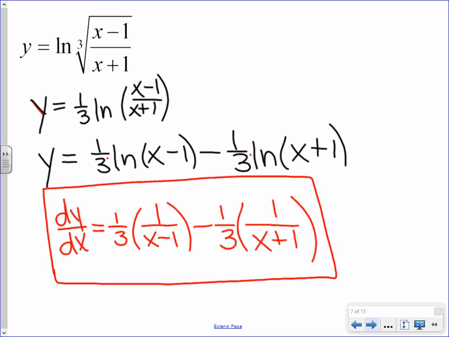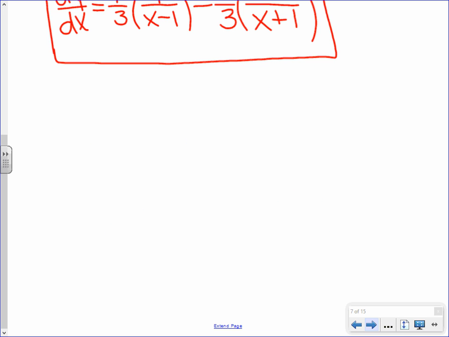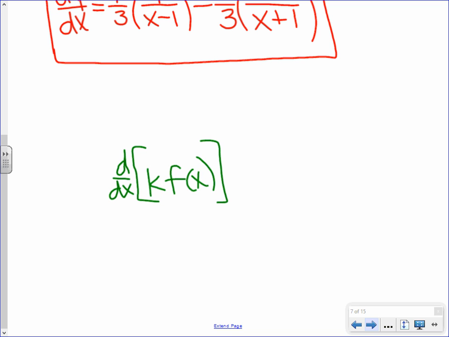Do you remember the constant rule that I told you about? If you have a constant times your function, you can take the derivative of your function and then multiply it by k. You can do the product rule, you're going to get the same thing, and it is more work than I think is necessary.